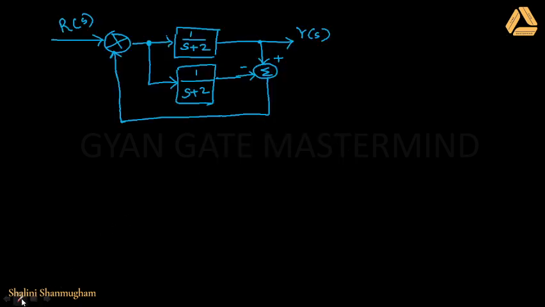So, the solution is here. Y of s is the output and R of s is the reference input, and let this be the actuating signal E of s and consider the feedback signal to be B of s.